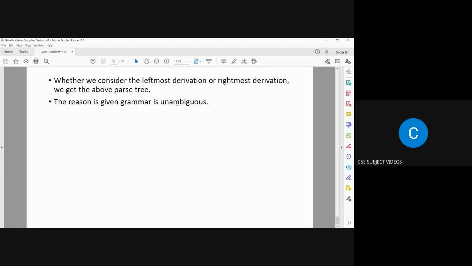Unambiguous means there is no repetition. This particular grammar does not have any repetition steps. That's why we can call this particular grammar unambiguous. If there is repetition, it is called ambiguous grammar.